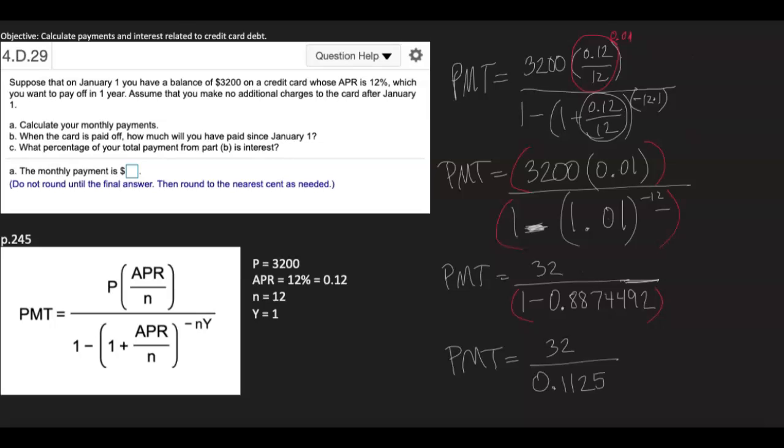Again, I'm trying to just keep as many decimals here as possible. I'm writing down several from my calculator, but there's even a few more on my calculator. So then the very last step I should do is 32 divided by that decimal number. And when I do that and I round, at this point I could round to the nearest cent, I should get $284.32.